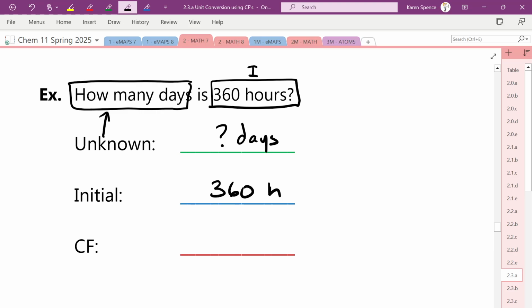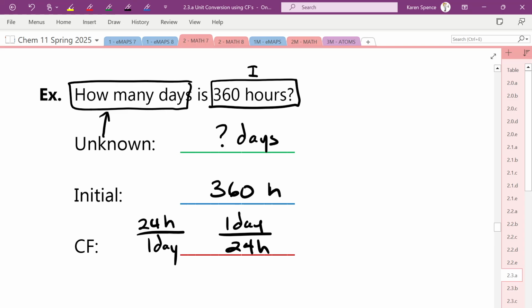360 hours. And our conversion factor, if we are not given one in the question, means it's something we should know. Do we know a conversion factor between hours and days? 1 day is 24 hours, so we're going to write 1 day per 24 hours, or you could have 24 hours per 1 day.